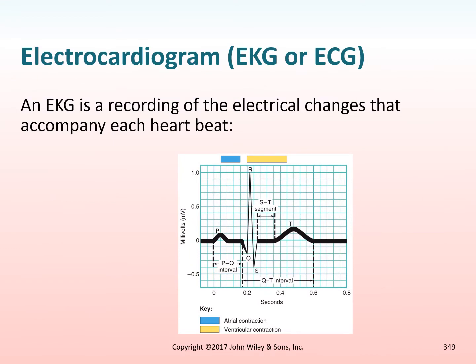When you look at the heart in general, you can actually see a small P wave with an EKG. That represents the electrical activity passing the atria. That's called atrial depolarization. This QRS represents ventricular depolarization. This T represents ventricular repolarization.